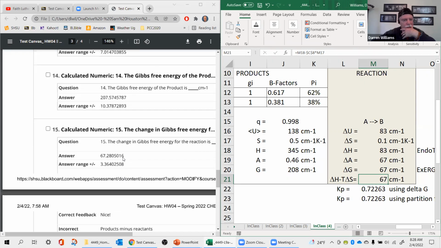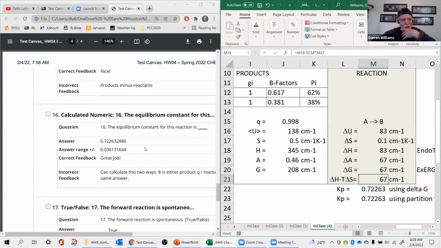Now, let's see. The equilibrium constant for this, okay, since we've gone up in energy level, we haven't increased the degeneracy and so on, it's probably going to be dominated by reactants. And so we're looking probably for an equilibrium constant that's less than 1. And sure enough, it is. So you can calculate this one two ways. You can calculate it using delta G. So let me double click that.